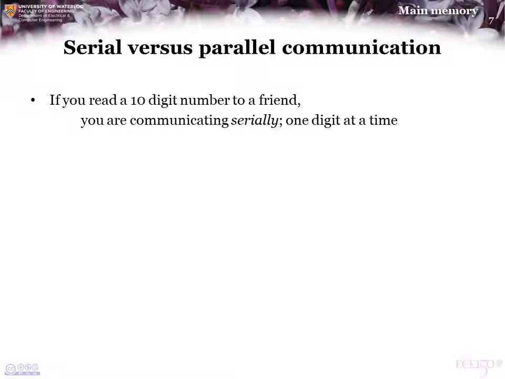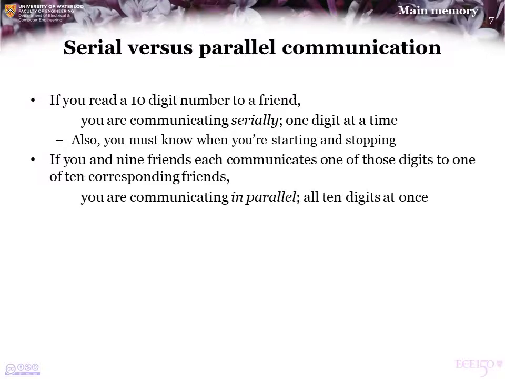Anytime you are communicating serially, you are communicating one piece of information at a time. And so if you wanted to communicate 10 digits, you'd have to specify each of those 10 digits one at a time. This, of course, can take more time. Another issue with serial communication is you have to know when you're starting a number and when you're stopping with that number. When you get into your courses where you investigate USB and other serial communications, you will see all the various techniques that are used to deal with this.